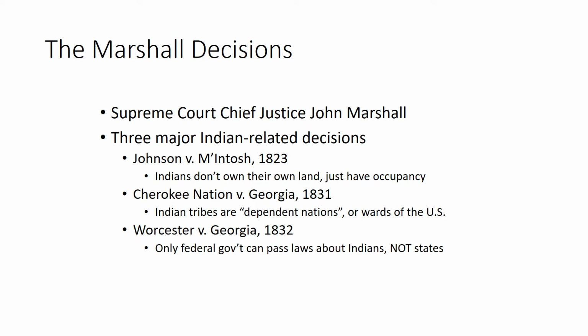They won the case. The Supreme Court ruled, and Marshall explained that yes, it was unconstitutional for the state of Georgia to pass any laws regulating Indians. Only the federal government can do that. So all those laws that Georgia had passed trying to squeeze the Cherokees out of the state, trying to force them into removal, were unconstitutional and could not stand.